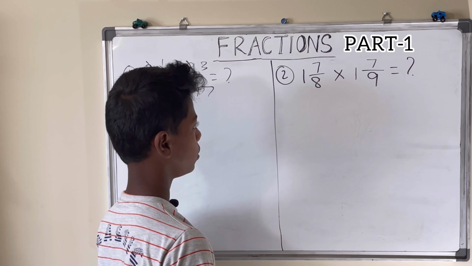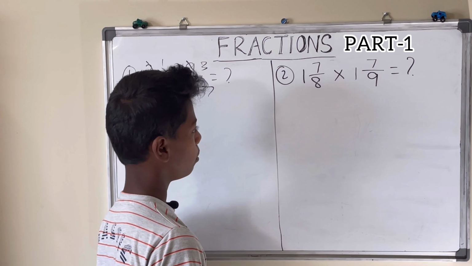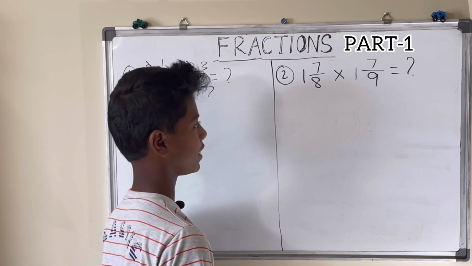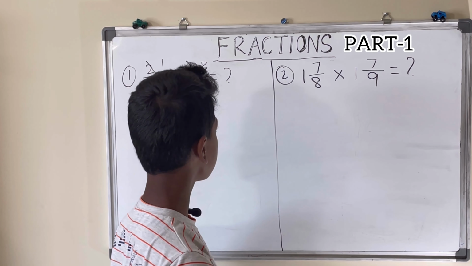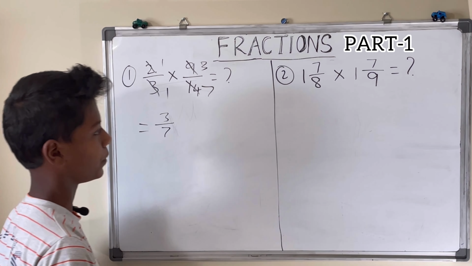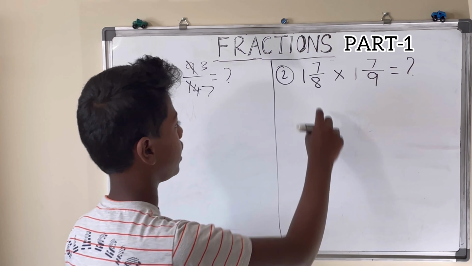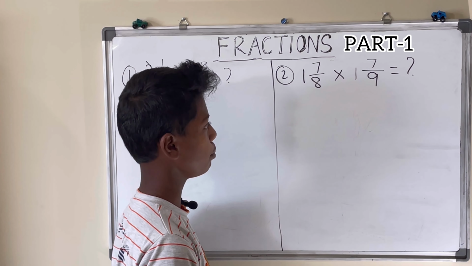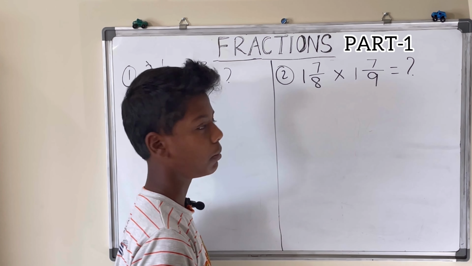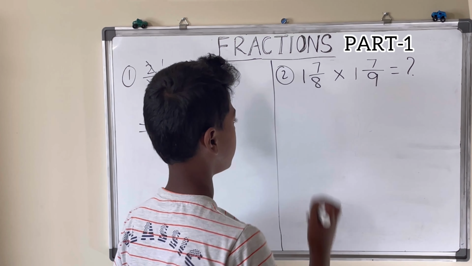Question 2: 1 7/8 multiplied by 1 7/9. Now we have mixed numbers instead of regular fractions. Well, this is still the same. All we have to do is change our mixed numbers into improper fractions before multiplying and canceling out.